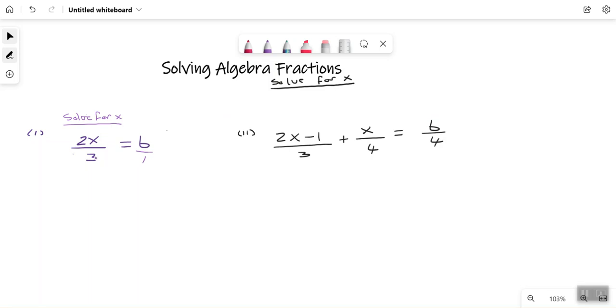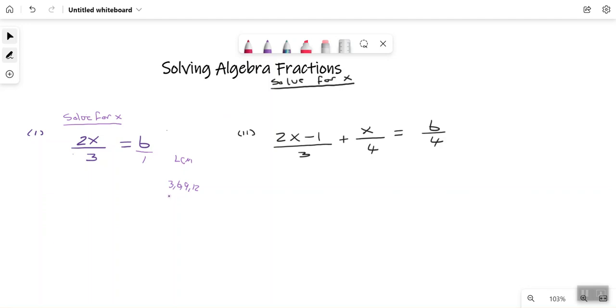Now what you want to do is look at these two numbers and identify the lowest common multiple. So the lowest common multiple for these two numbers. If we take the number 3, the multiples of 3 are 3, 6, 9, 12.